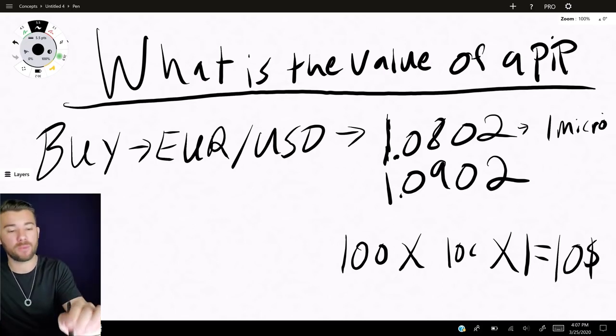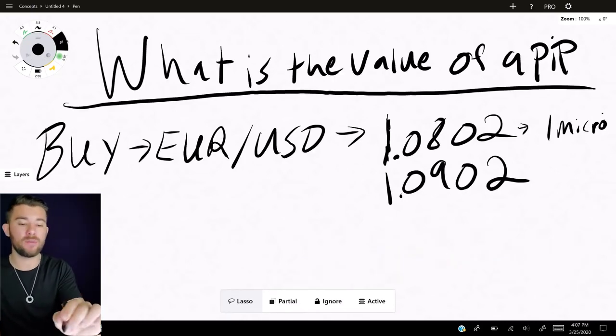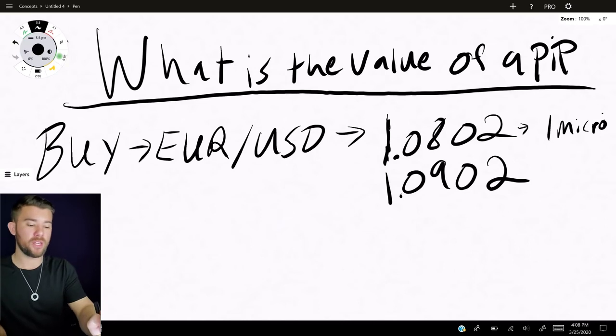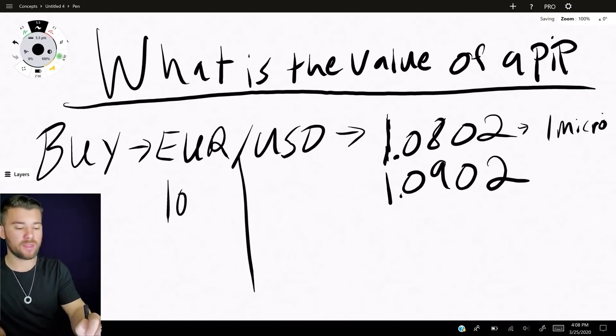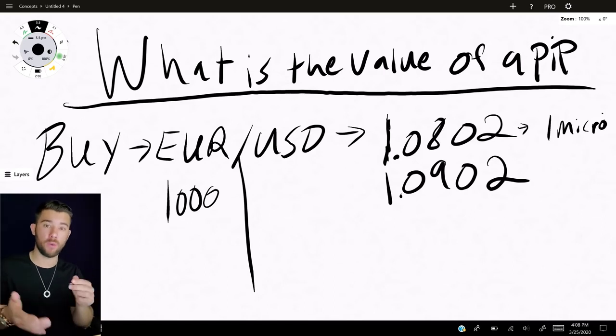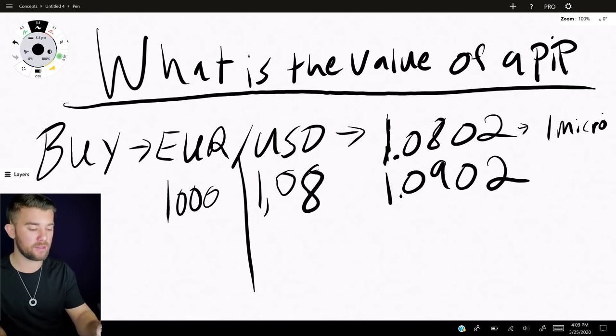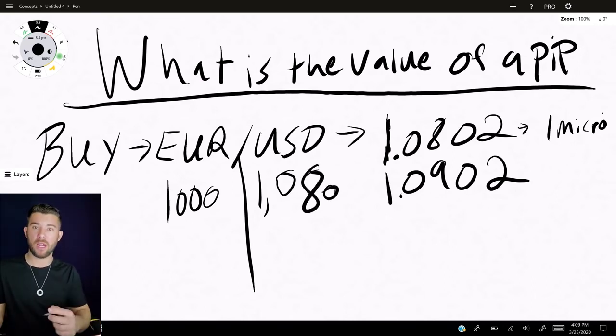So as we do with every other lot size, let's look at it in a different way. You're telling your broker, I want 1,000 units of the euro. And they're telling you, if you want 1,000 units of the euro, we're going to charge you $1,080. And you say, okay, I'm fine with that.